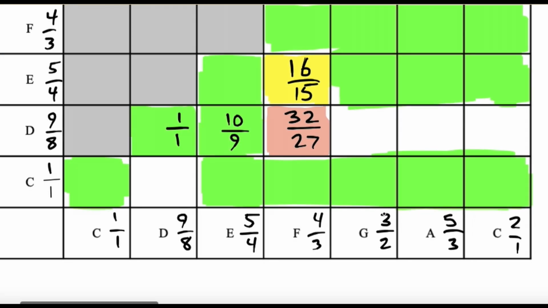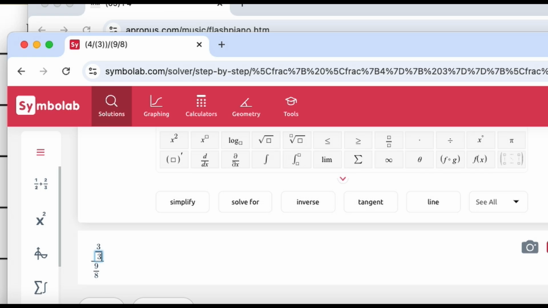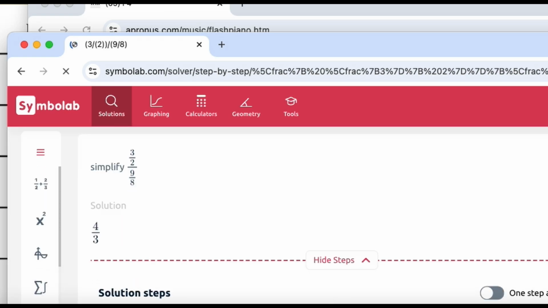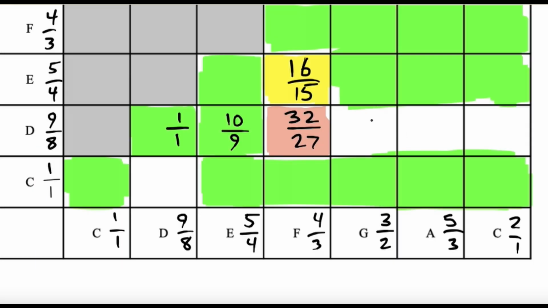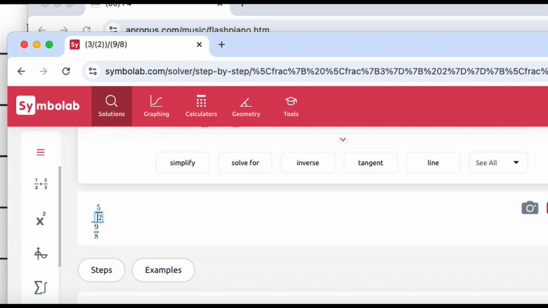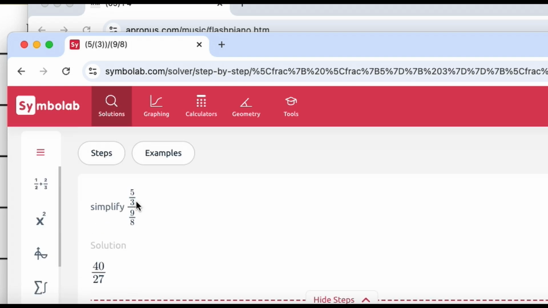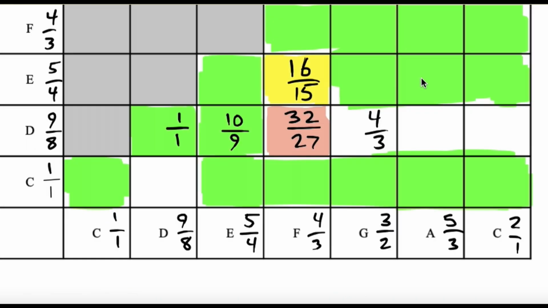Okay, so let's see if the other ones are good. 3 over 2 divided by 9/8 would make... let me do it on Symbolab. I can't do it in my head. It reduces to 4/3. Okay, so that's good. Then 40 over 27. So that one's not too nice either. So this one turned out good. This one turned out pretty questionable.